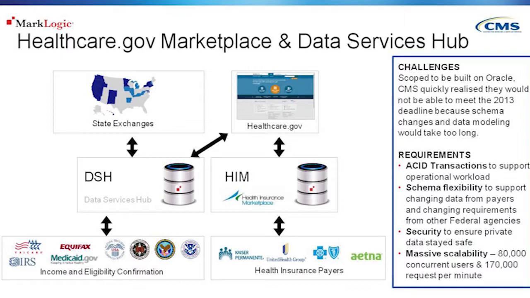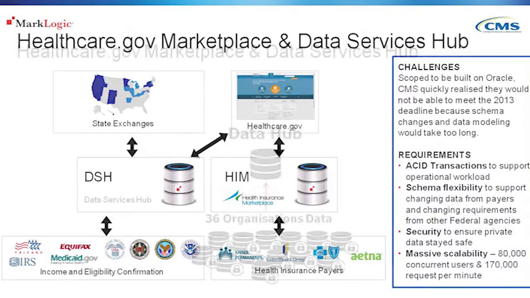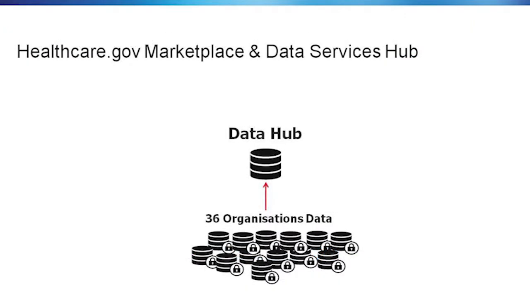The starting point was there's 50 states, and not all of those states wanted to participate. So there's around 37 involved, and trying to come up with one single data format, one schema that would encompass all 37 states is an impossible task. It's not going to happen.